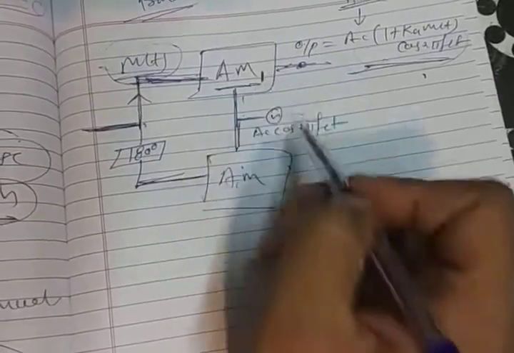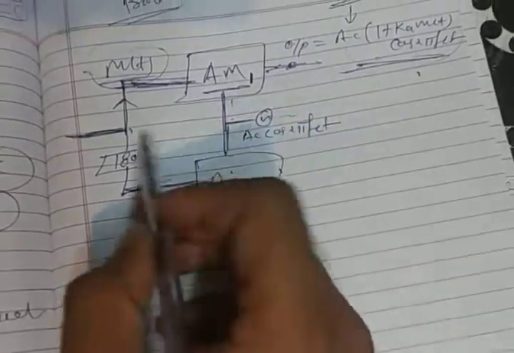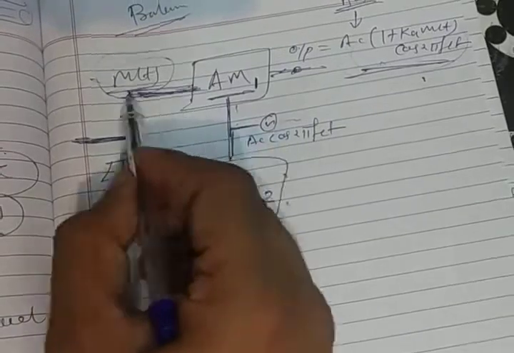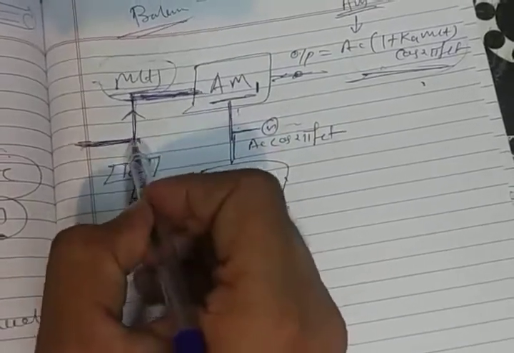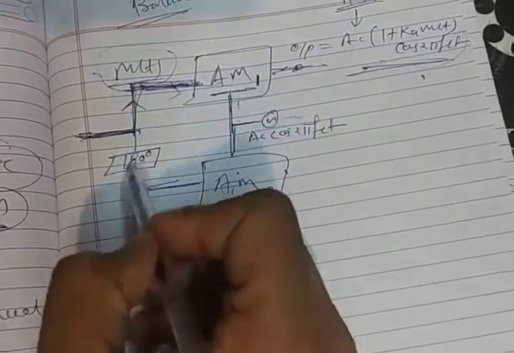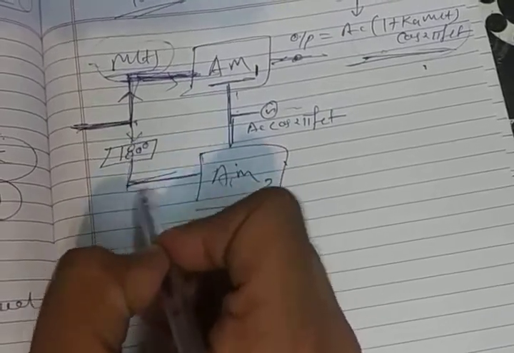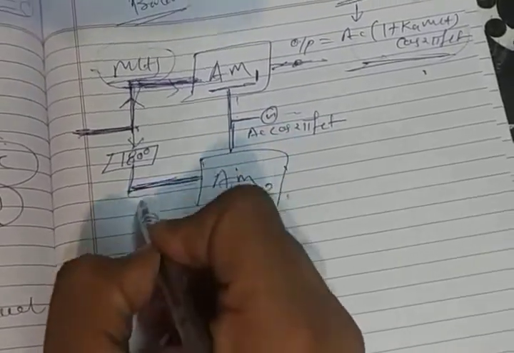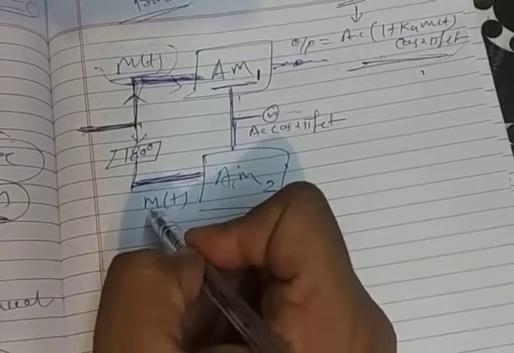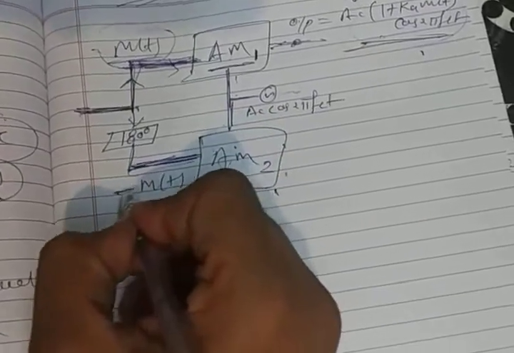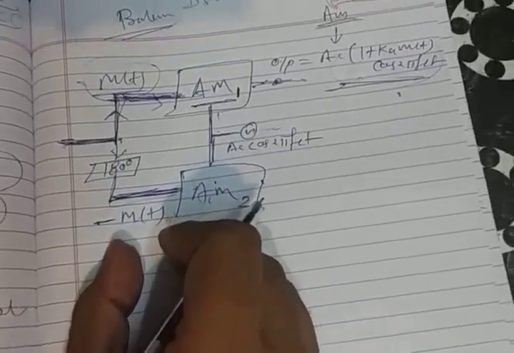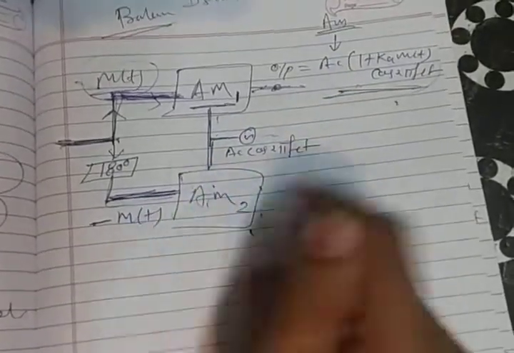Suppose this is AM modulator number 1, number 2. So the original m of t is going through this way, and the 180 degree phase shifted m of t is going through this way. Means here m of t is positive, here it is negative.